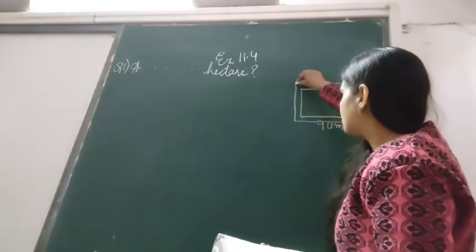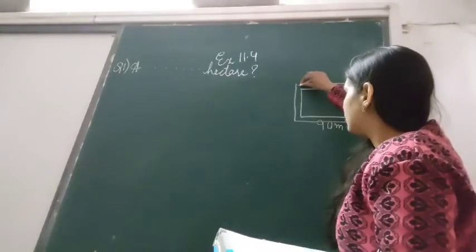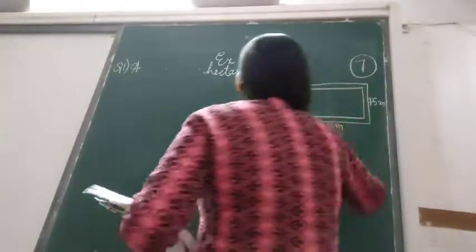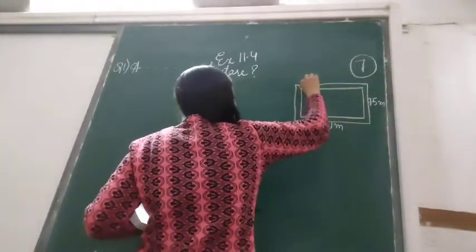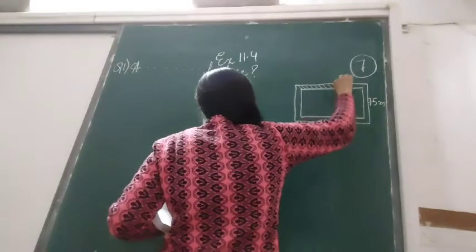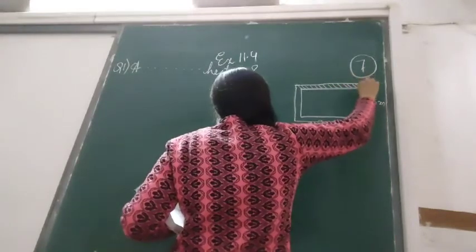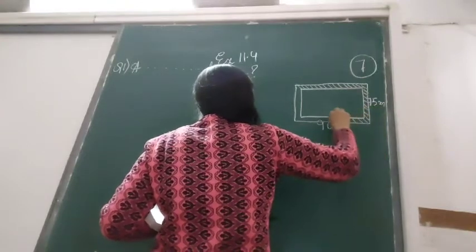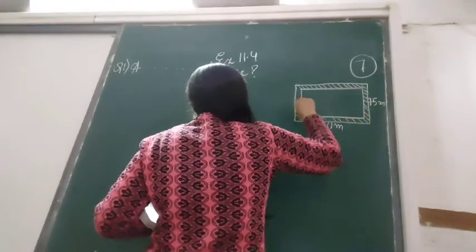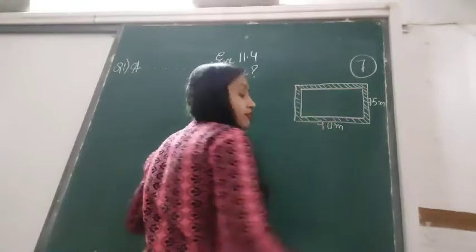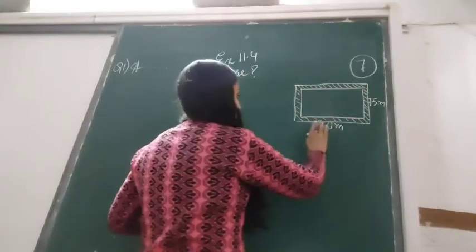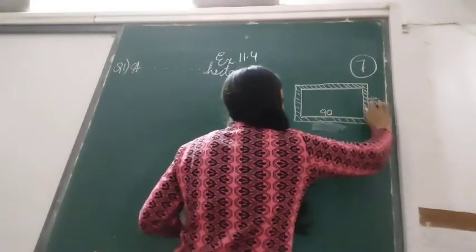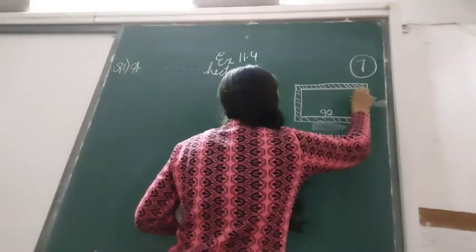And just to highlight it, we shade it, like this. This shows that it's a path which is 5 meters broad. So 90, I'm writing inside, and 75, I'm writing inside.